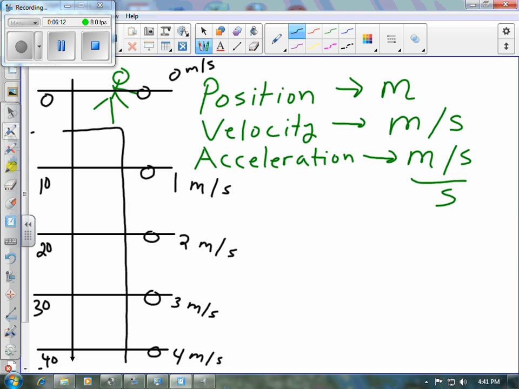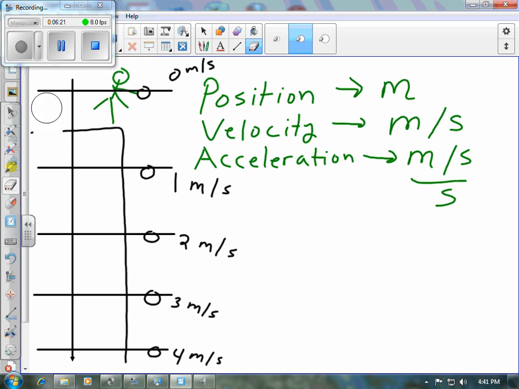Now, let's adjust our thinking over here. Let's get rid of these. Instead of looking at the height of the rock, let's look at how much time has passed. Okay? Yeah, and this is where we kind of made a little bit of a mistake here.